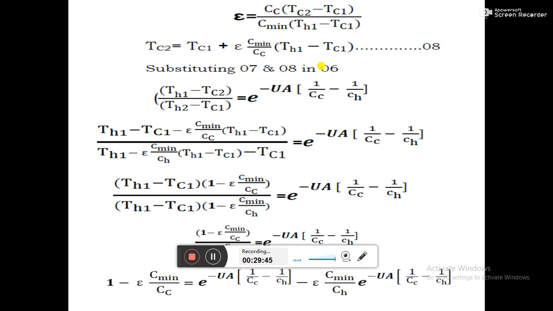Now substitute equation number 7 and 8 in equation number 6, which is Th1 minus Tc2 into Th2 minus Tc1 equals e to the power of minus UA into 1 by Cc minus 1 by Ch.